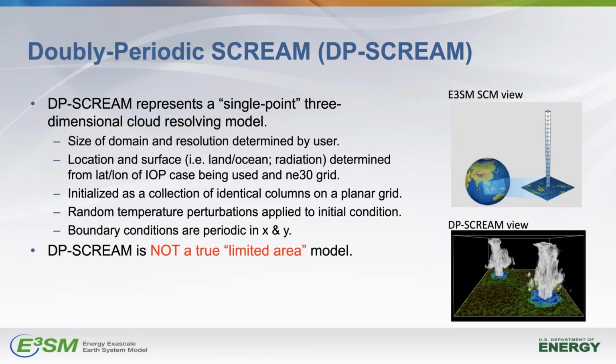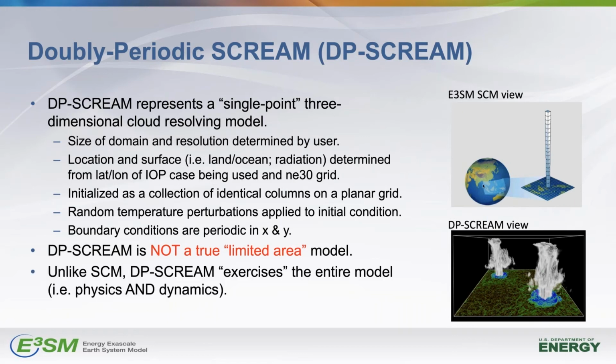That is also a useful configuration, but this is not what doubly periodic SCREAM is, nor is it something that SCREAM currently supports. Another point I want to make, in comparison to single column models, which only exercise the model's physics because there is only one column, doubly periodic SCREAM exercises the entire model's equation set, both the physics and dynamics.